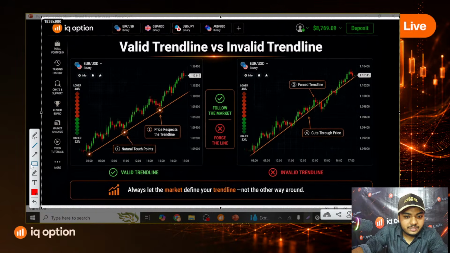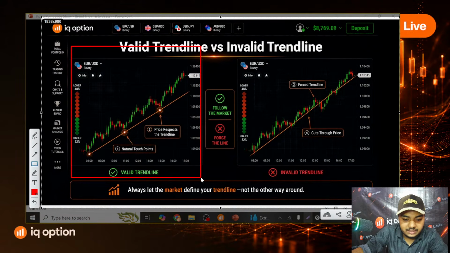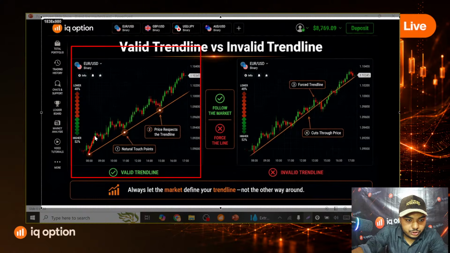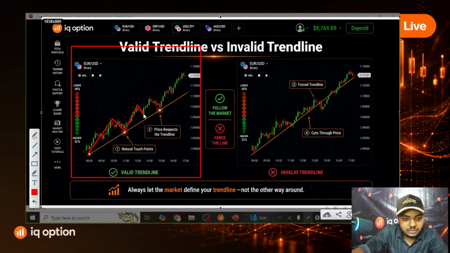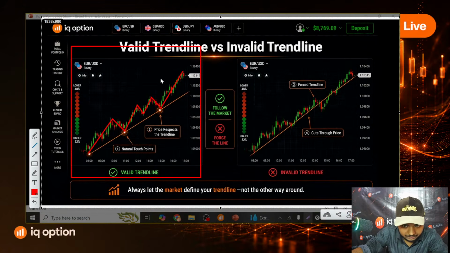On the left here, I indicate this one as a valid trend line. Why? If you just focus here, the market pushes a little up, then a little down, again a little up in internal structure, then down, a little pullback. From the pullback, the market is moving in the upward direction.